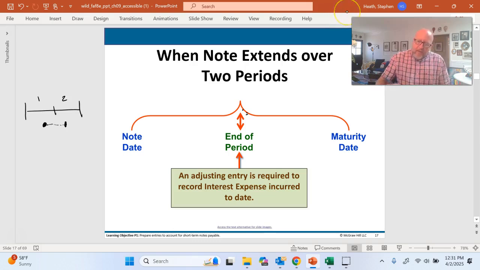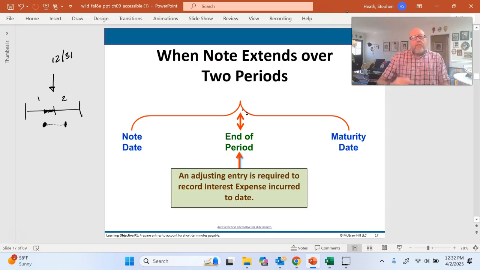So in reality, accounting period 1 is going to be subject to interest expense because that was the period we were obligated to pay it back and we were incurring interest charges from the date of issuance, or the date that we borrowed it, all the way to the date of the financial statements. And this would be the date of the financial statements. Usually it's December 31st.